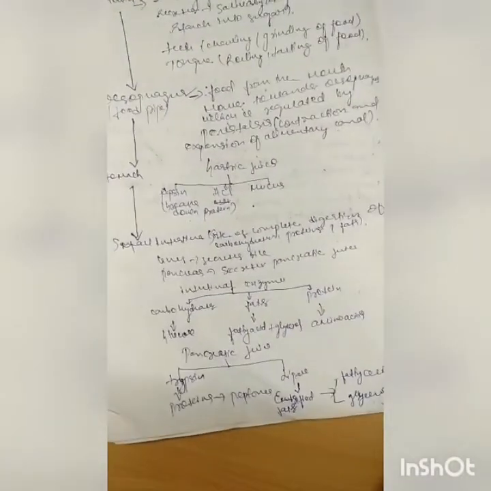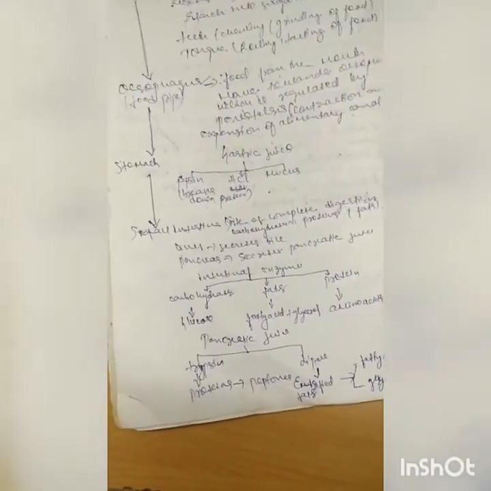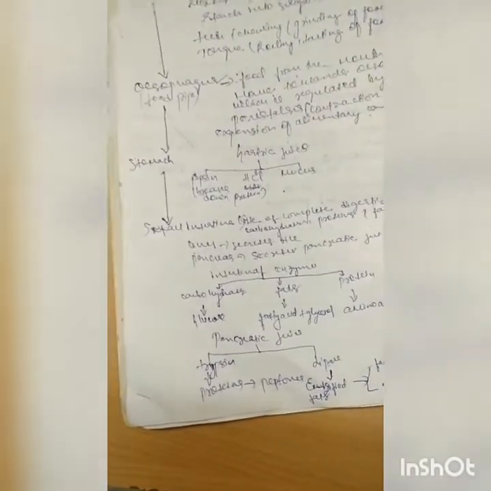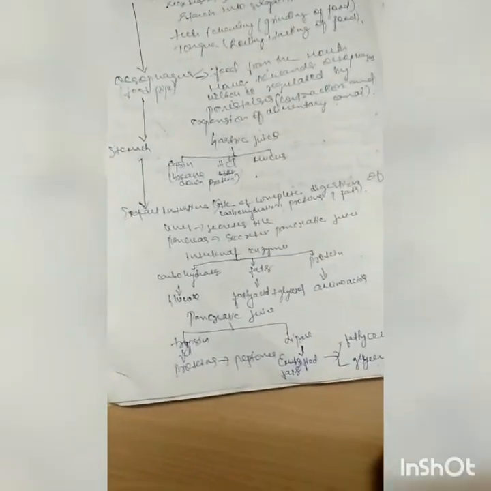In your class 10 book, in the chapter Nutrition in Human Beings, it is written in a very complex, complicated manner, right?